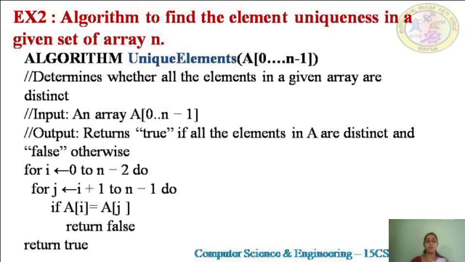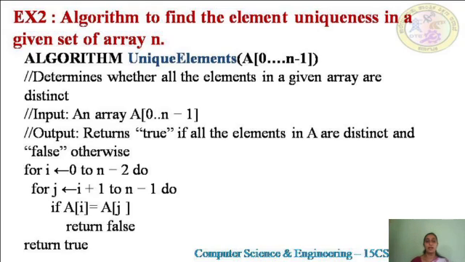Here in this algorithm, we have nested for loops. The outer for loop is the ith loop, where i takes the value from 0 to n minus 2. And the inner loop is the jth loop, where j takes the value from i plus 1 to n minus 1.